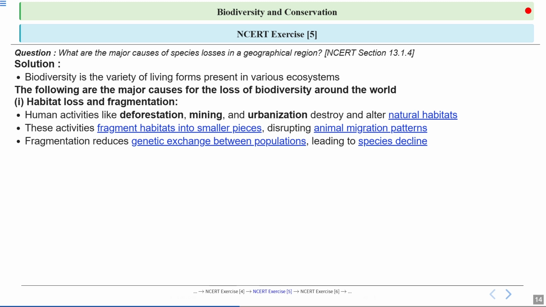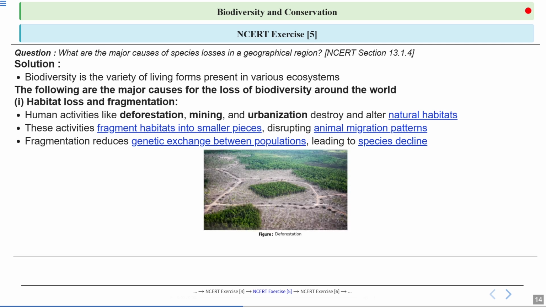The fragmentation reduces genetic exchange between the populations as well, leading to species decline, because when habitats are broken into smaller isolated areas, individuals from different groups can no longer meet and breed. So this limits the movement of genes between populations, reducing genetic diversity. Lower genetic diversity makes species less adaptable to environmental changes and more vulnerable to diseases, which ultimately leads to a decline in population size and can result in extinction.